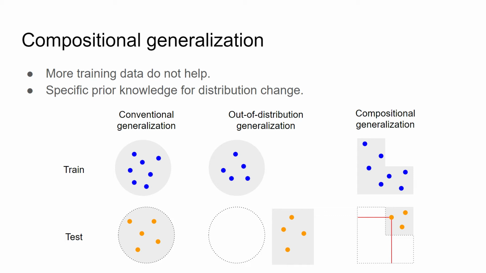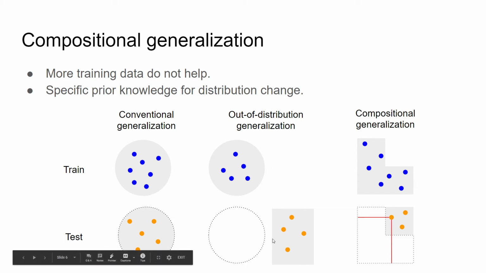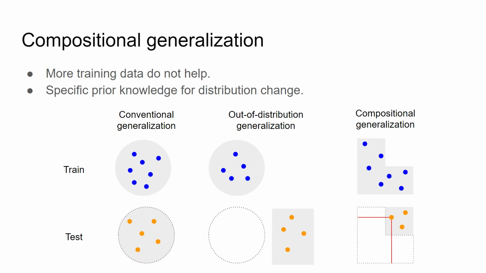There is another type of generalization called out-of-distribution generalization. In this case, training and test distributions are different, as shown in the middle column. We emphasize that the test distribution manifold is not in the training manifold, because the overlapping part is similar to conventional generalization. Here, the point is that the information for this difference is not included in the training distribution.